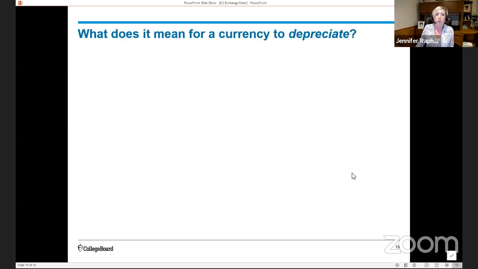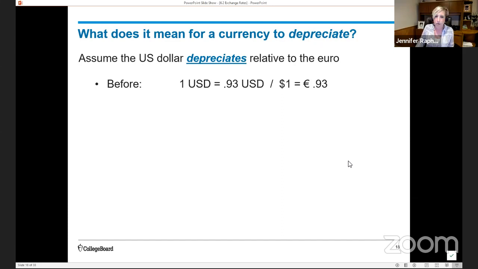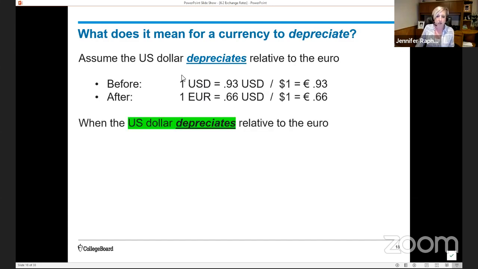All right, so what does it mean now for a currency to depreciate? We're going to take these same numbers. We have the dollar depreciating relative to the euro. So we know that this was 1 USD equals 0.93 EUR, and 1 USD now equals 0.66 EUR.